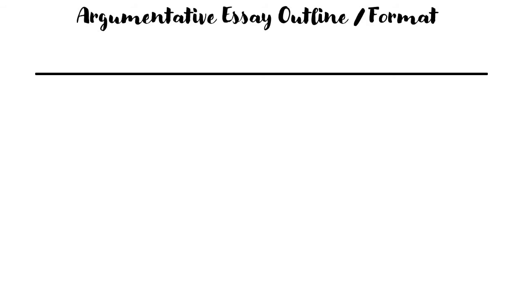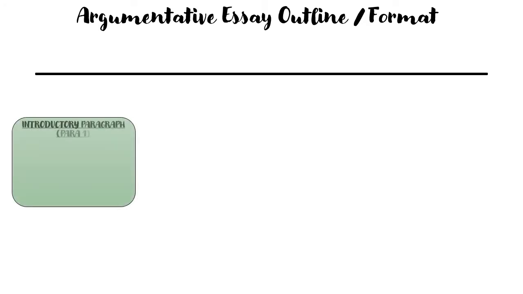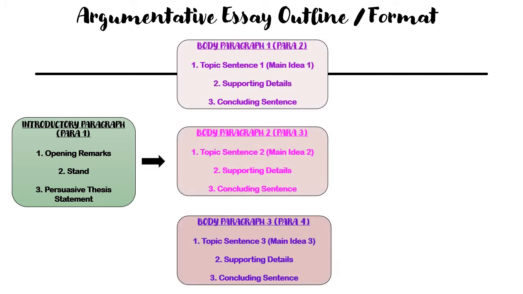There are three main parts in an argumentative essay. First is the introductory paragraph. There are three components: the opening remarks, the stand, and the thesis statement. Second is the body paragraph. You should write at least 3 body paragraphs.